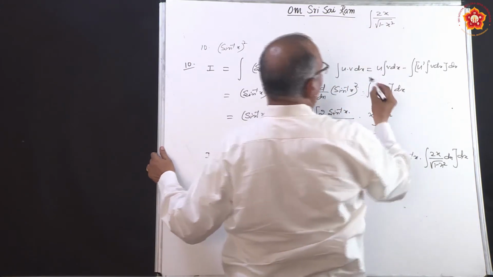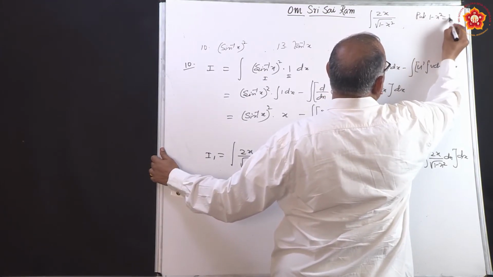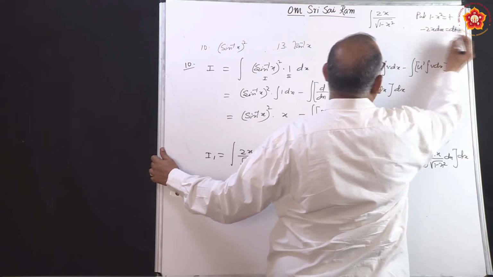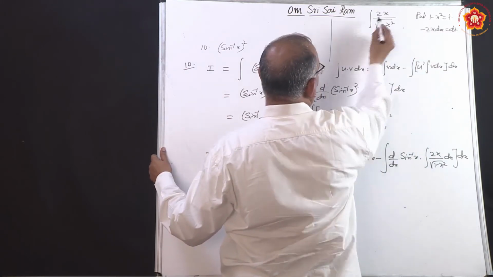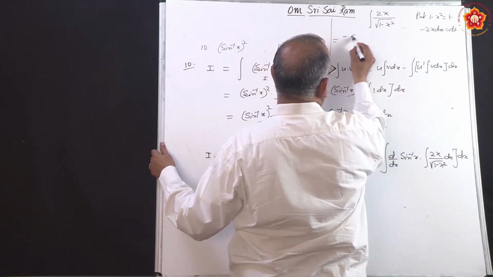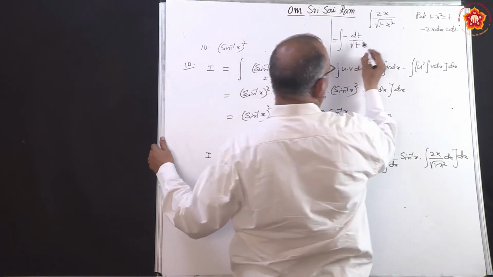So what we do is put 1 minus x square as t. You will get minus 2x dx equal to dt. So as a result, 2x dx becomes minus dt, upon root t.